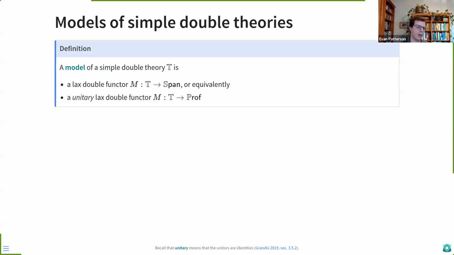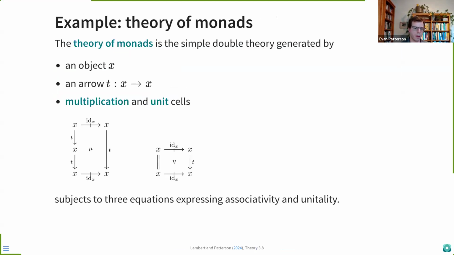That means that a unitary lax functor is one whose identity comparisons, or unitors, are the identities. So it strictly preserves the external identities. So the ability to switch back and forth between these two perspectives is useful, and it's something we exploit in the paper. Okay, let's look at an example.